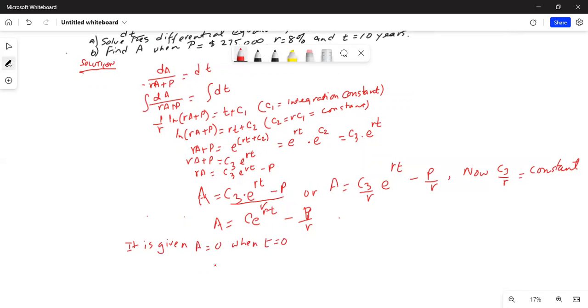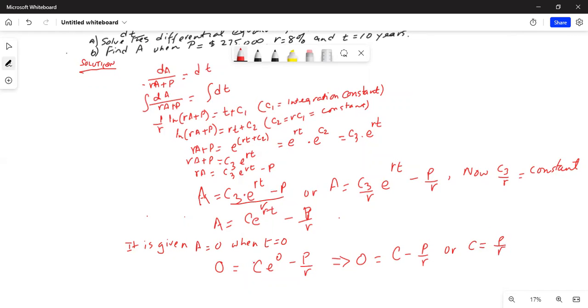So if we use that information, we get 0 is equal to C e to the power of 0 minus P over R. Now that leads to 0 equal to C times e to the power of 0 minus P over R. Any number raised to the power of 0 is 1. So it is C minus P over R, or C itself is equal to P over R.